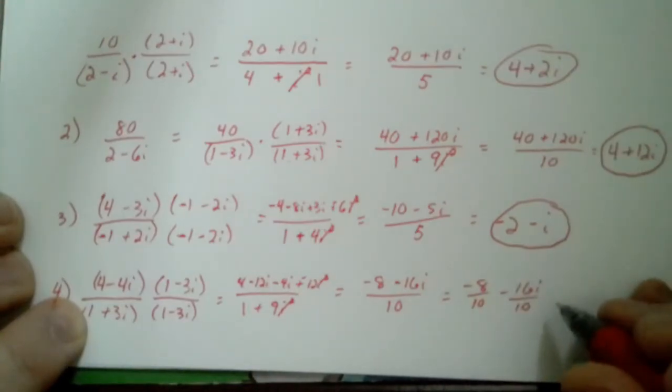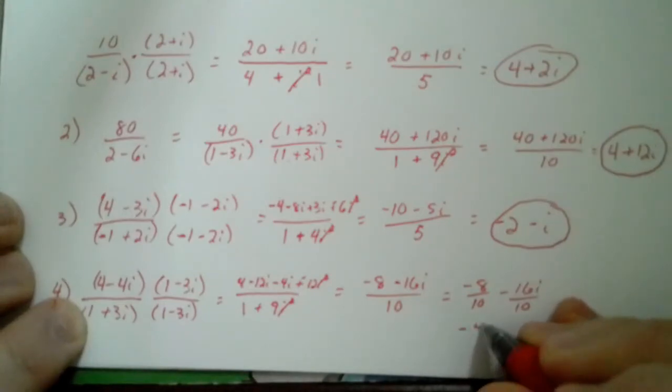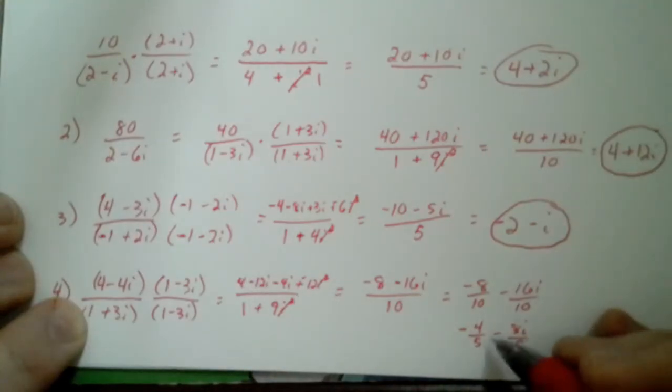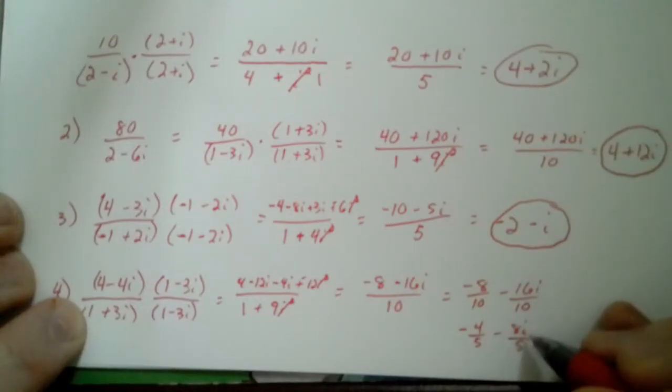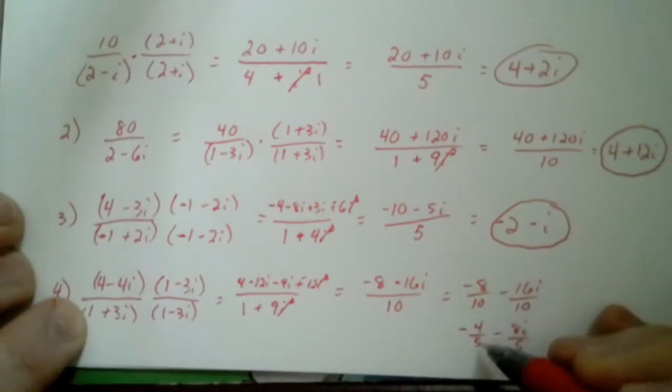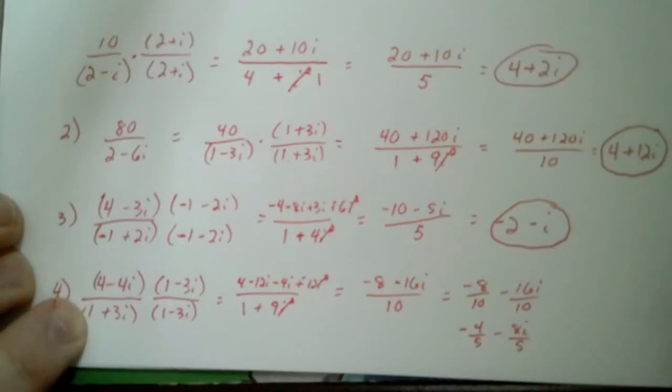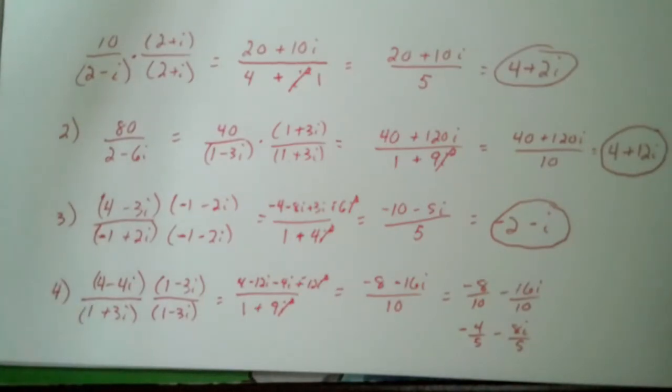And then I'll reduce, and I end up with negative 4/5 minus 8i over 5. The reason I like to break it up is the directions will usually say something like write your answer as a plus bi. And so here, if we write our answer as a plus bi, I can see here that a is negative 4/5. I can see that b is negative 8/5. So that's why I like to write my answer that way. If you leave it together, that's going to be fine too, either way.